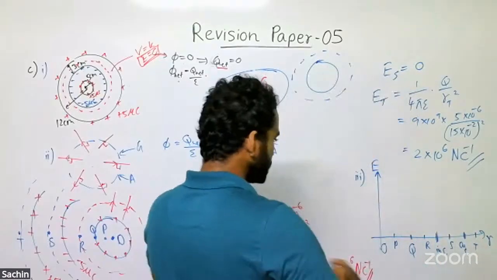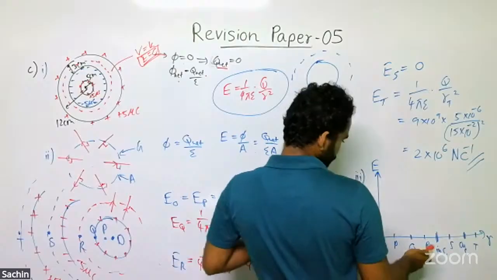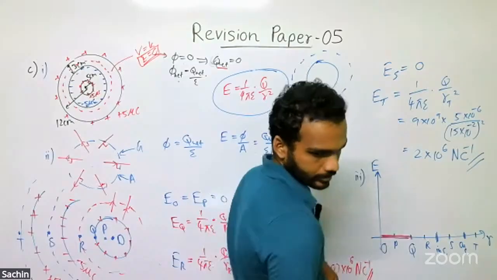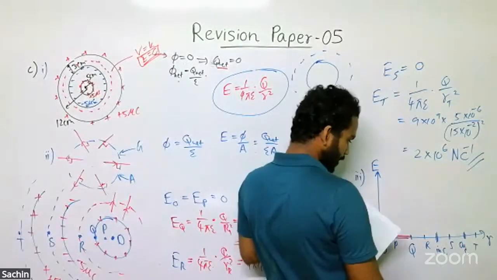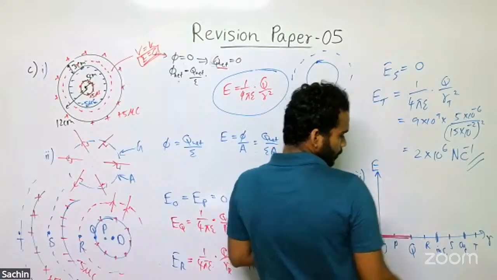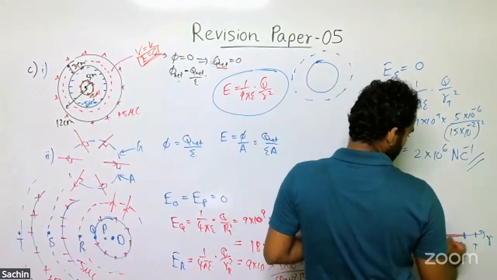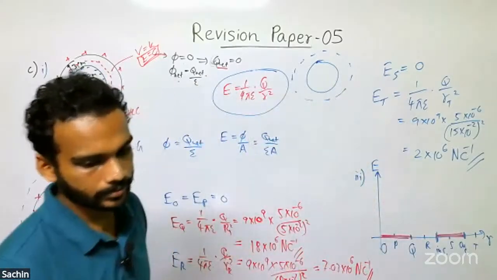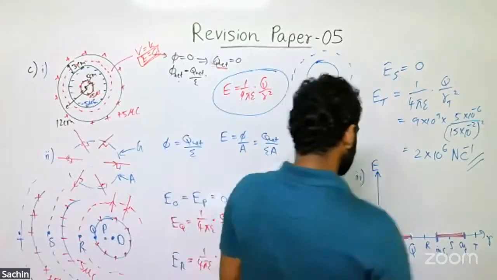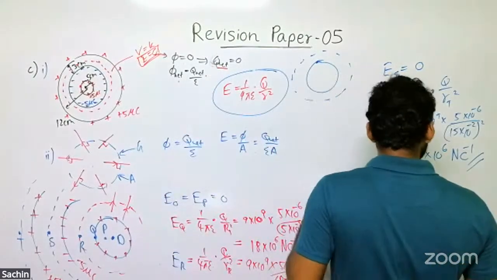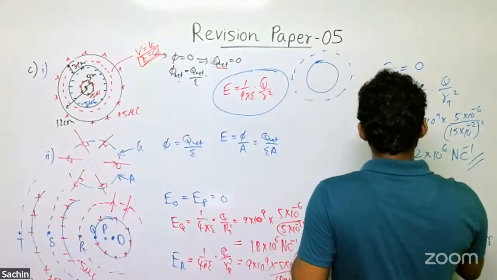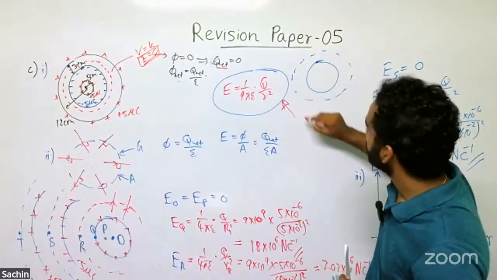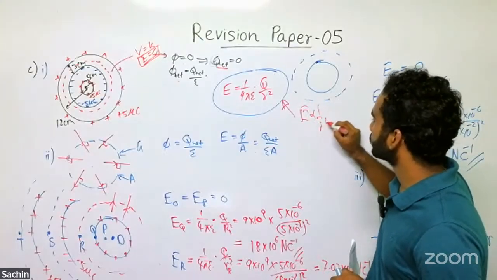Okay, so obviously when we draw this, until Q, the electric field should be 0 because that is inside the conductor, inside the conducting shell, conducting sphere. And again, from the inner surface to the outer surface of the shell, the electric field should be 0. So in those two regions the electric field should be 0. There is a variation only in between them. Until this formula is valid, the electric field is proportional to 1 over r squared.